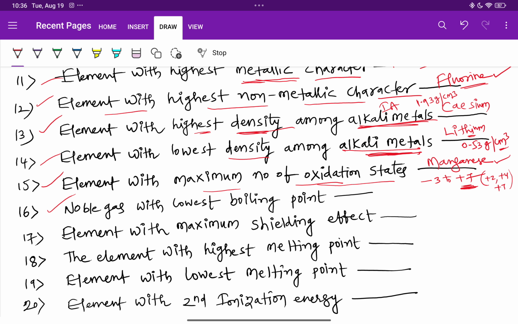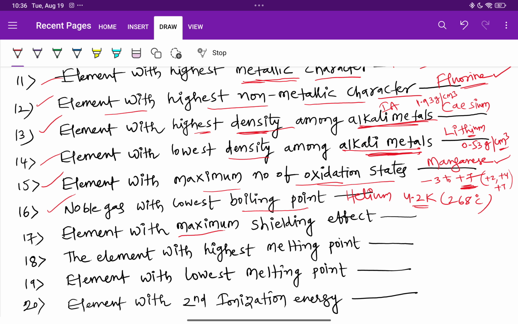And next, noble gas with the lowest boiling point. Noble gas with the lowest boiling point, that is helium, just 4.2 Kelvin, nearly minus 268 degrees Celsius.